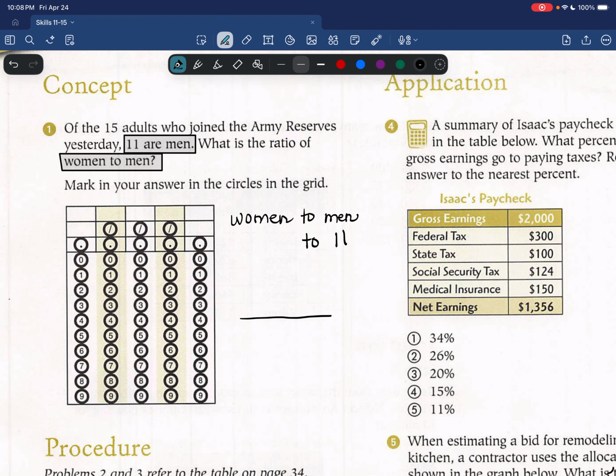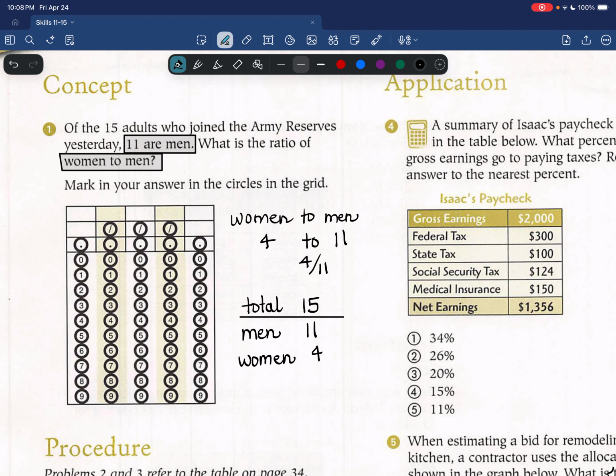Now it tells us a total that there were 15 adults who joined yesterday. Of those 15 adults, 11 of them were men, which would mean that the rest are women. So 15 take away 11 leaves us with 4 women. And that would be this missing number here. But in order to do this as a fraction, you need to put the numerator first over the denominator.